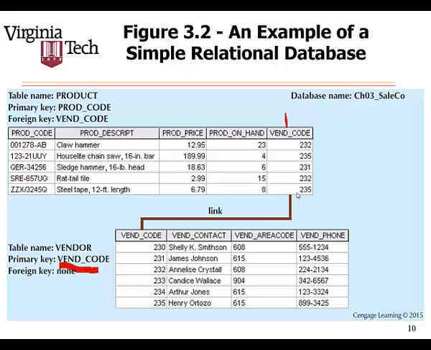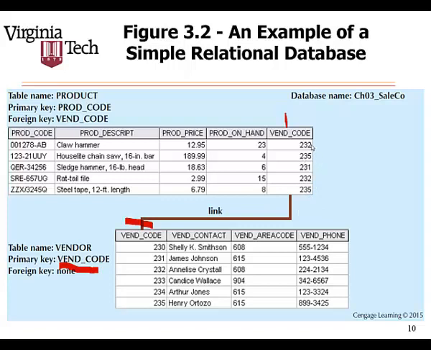So what we're going to do in our foreign key is store values of the primary key in vendor of vendor code as attribute values for each of our rows in product, so that we can then say which products were made by each vendor. Right? So now let's take a look at this for a second.